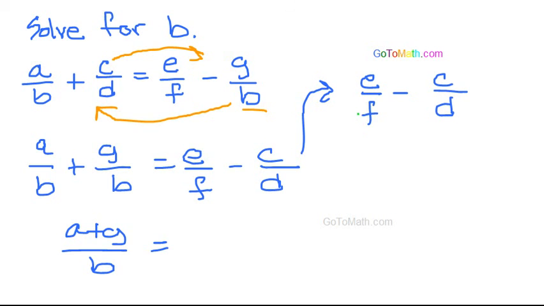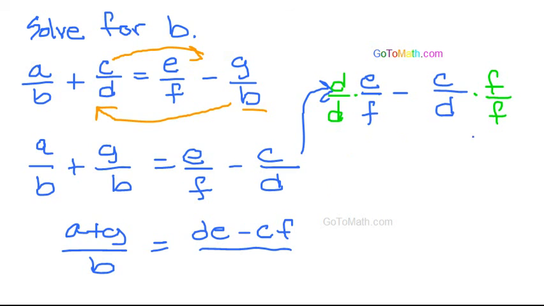Okay, so we need to get a D times F here, and then an F times D. And the easy way to do that is we'll just write D over D out here, and then F over F on this side here. So now we have a D times F, so both those numbers are going to be the same. And then of course we can just add the tops. So we end up with D times E minus C times F over, right, we can go ahead and just write D times F down here. Okay.